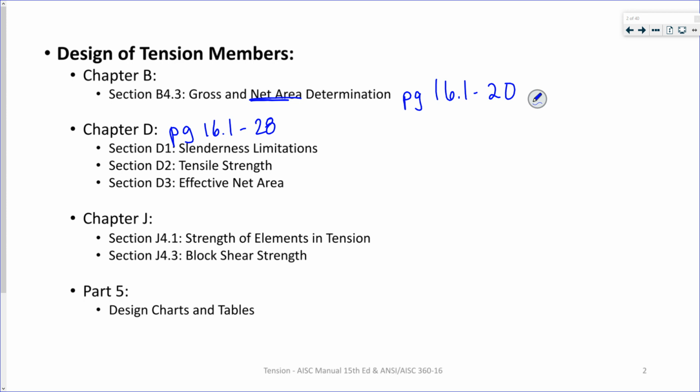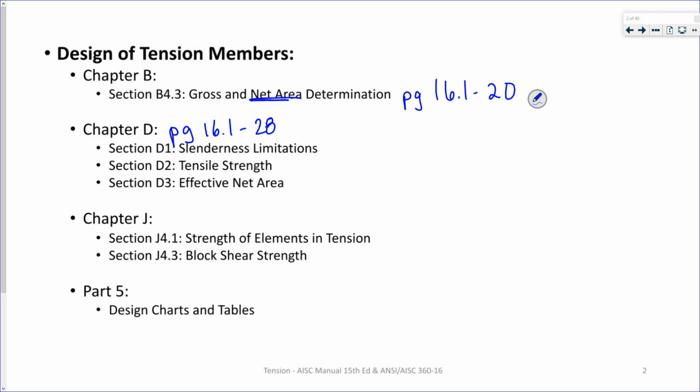Bunch of things about design for different types of connections, fatigue, fire, interesting things to read, and then eventually B4 member properties. That's where we're in. We'll come back to these tables on pages 16.1-17, 18, and 19. We'll use those in our design of columns and beams. But that's what chapter B is, okay?